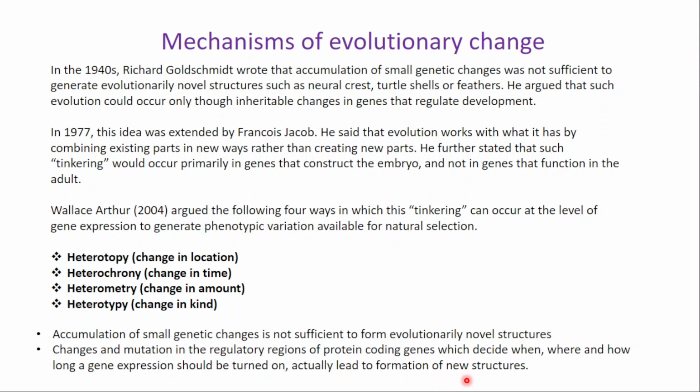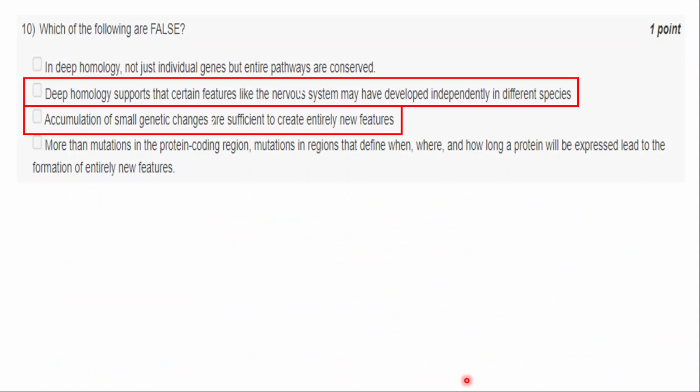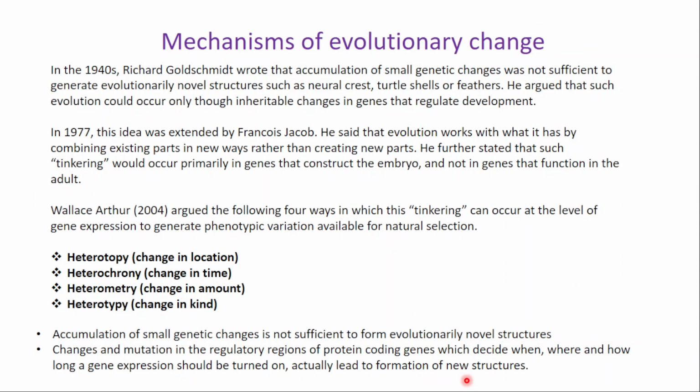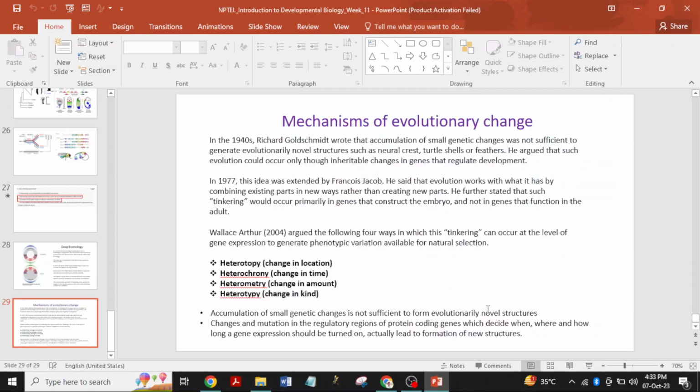So those regulatory regions, those modular regions, if combined in different ways, can produce different levels of gene expression in location, time, amount and kind, leading to formation of evolutionarily novel structures. So that's why options 2 and 3 are the false statements, while 1 and 4 are the correct statements. Good, very good. With this, we come to the end of this problem solving session.